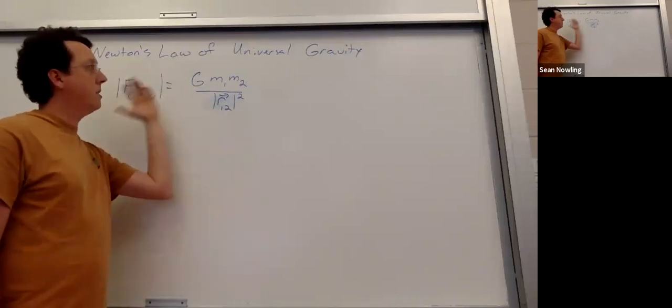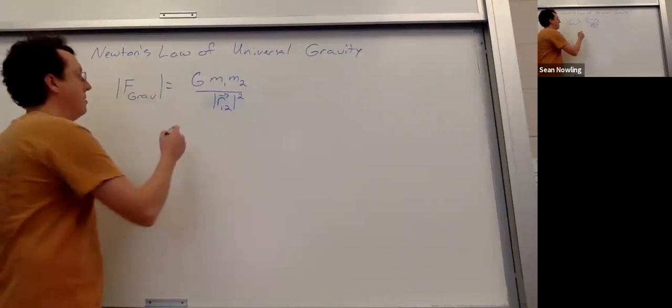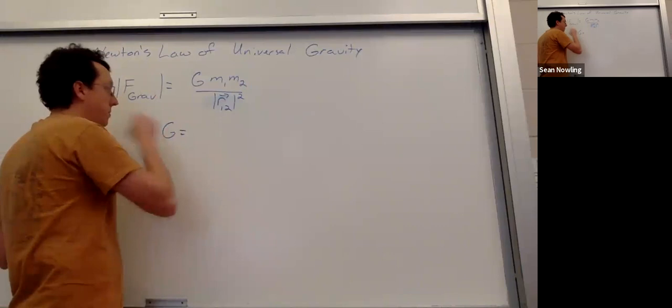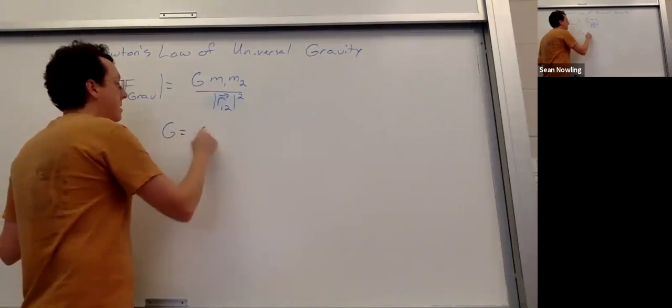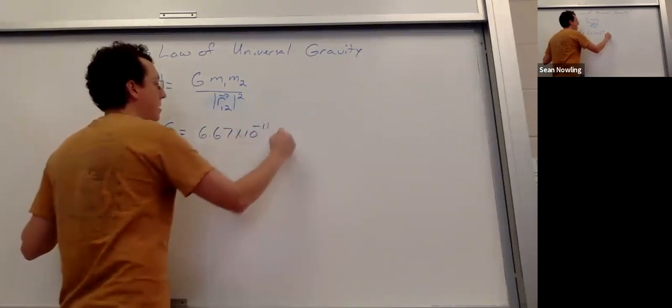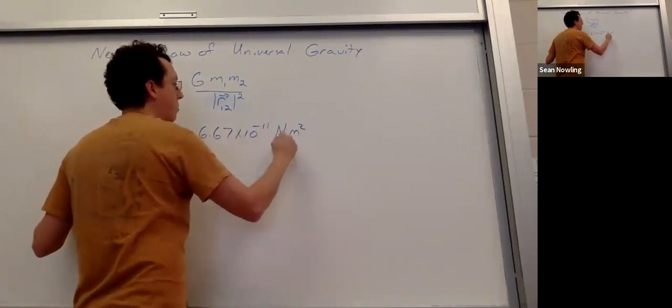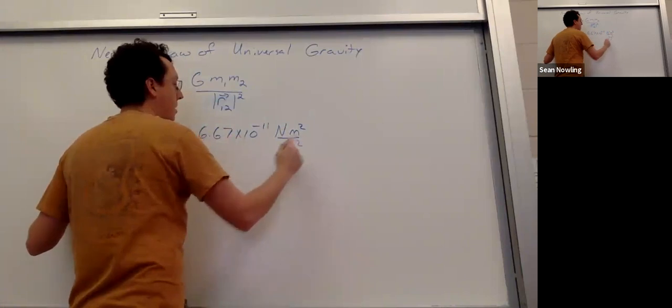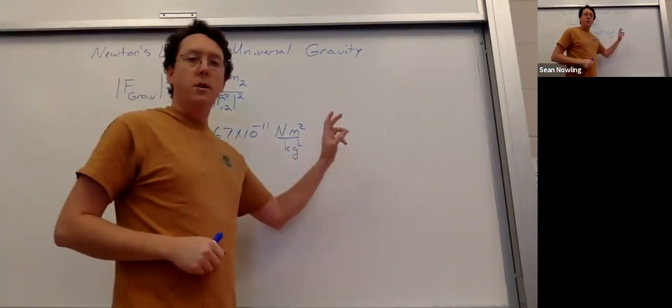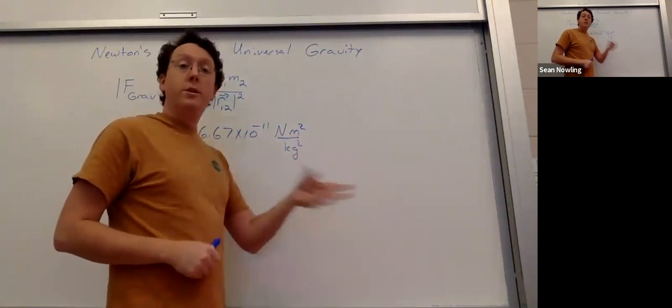And this force applies to all things in the universe. G is Newton's constant of universal gravitation, and that's 6.67 times 10 to the negative 11 newton meters squared per kilogram squared. In this video, I want to apply this to three situations.